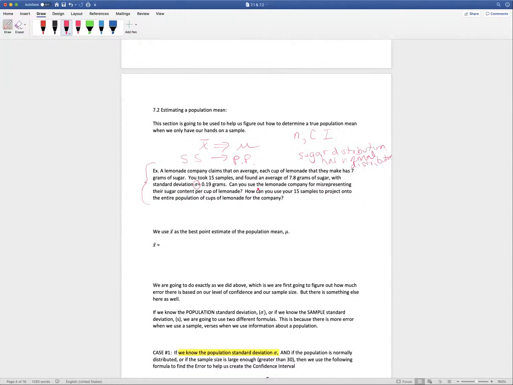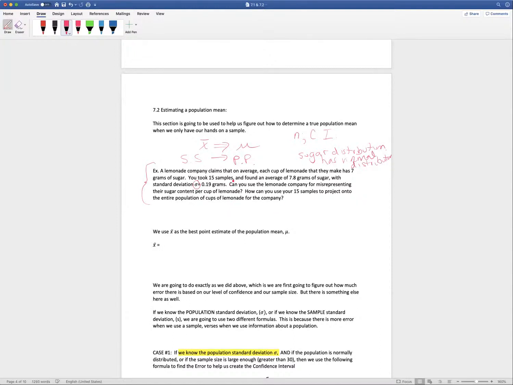How can we use our 15 samples to project onto the entire population of cups of lemonade for the company? We can't get our hands on every single cup of lemonade for the company, but we can get a good amount of information with these 15 samples, again assuming that sugar has a normal distribution.